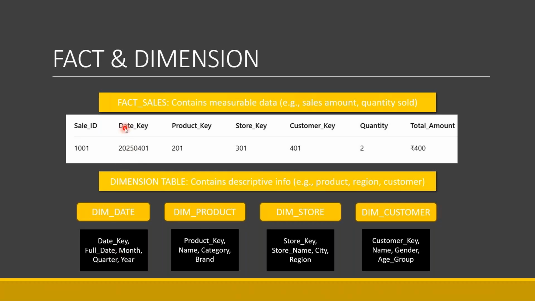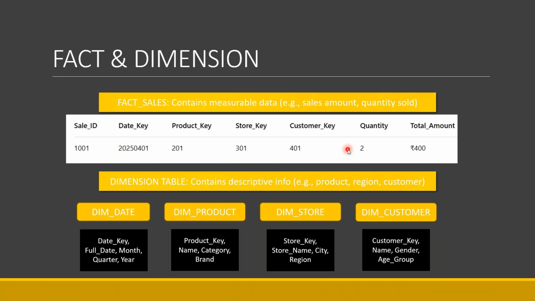If you don't include these four key columns, how will you know that this sale has two quantity and 400 rupees, but for which particular product on which day this sale has happened? The information should be complete, right? You should have the product information, on which day the sale happened, the store related information, which customer purchased, all those things. So that is where we need the key columns.